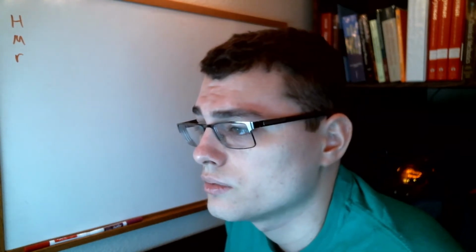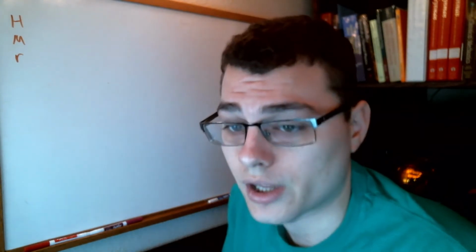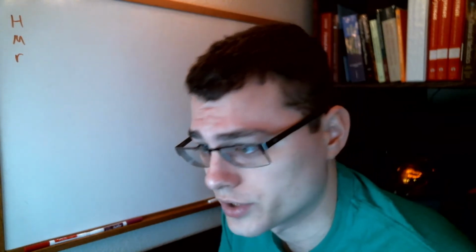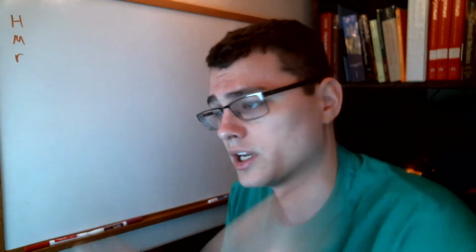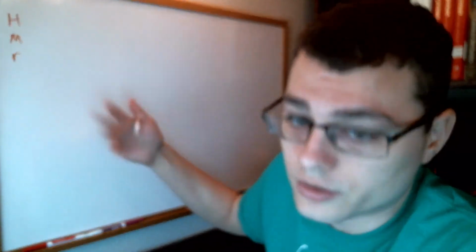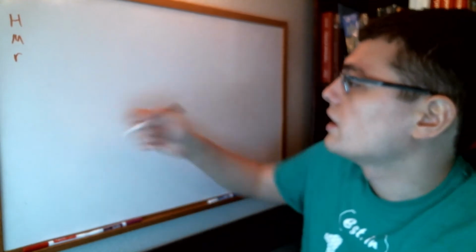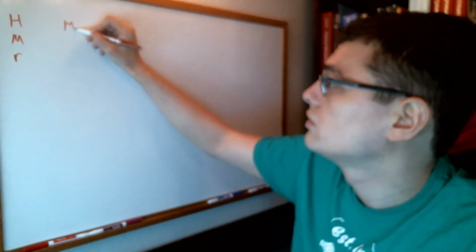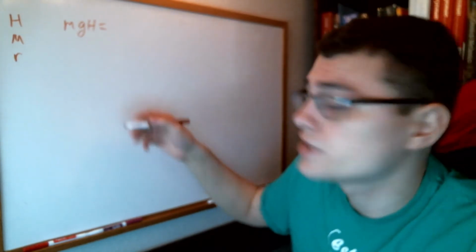We're assuming that it's starting from rest, so there's no kinetic energy. And when it gets to the bottom of the ramp, it's going to have no potential energy. So it only starts with potential energy, and then it ends with only kinetic energy. So through conservation of energy, mgh is going to be equal to the kinetic energy plus the rotational energy.